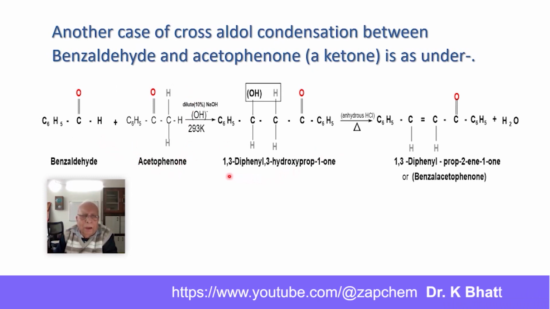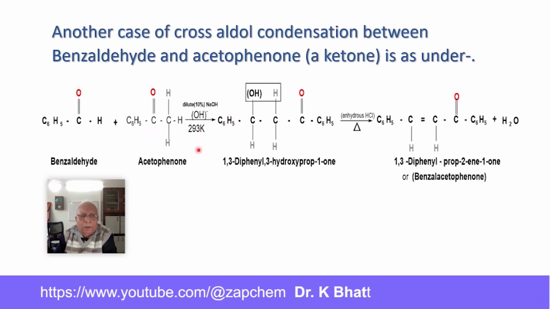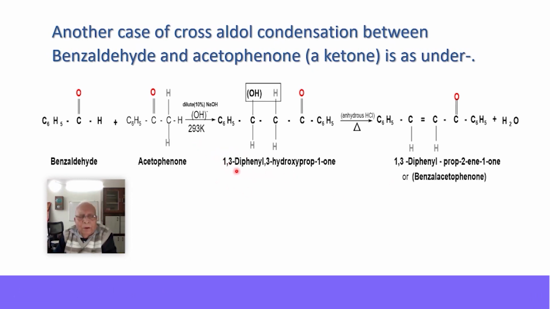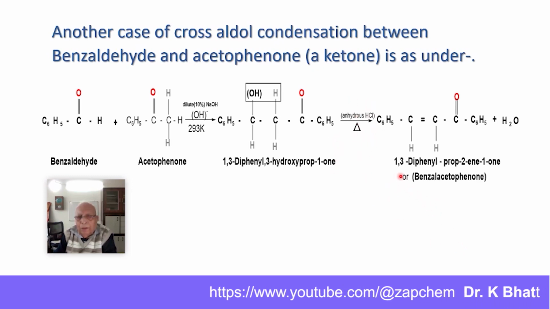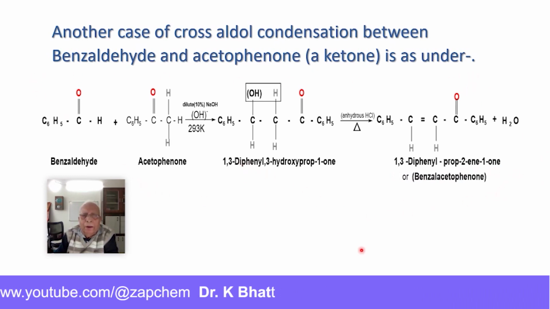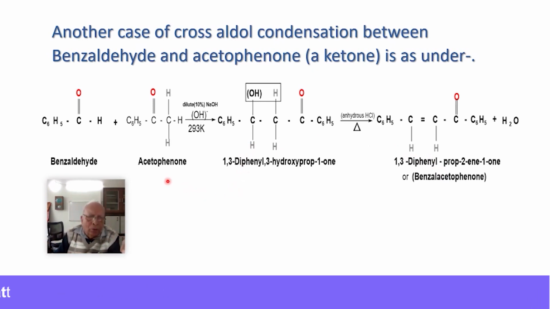Same way, in presence of dilute NaOH and 25 degrees Celsius or 298 Kelvin, you get 1,3-diphenyl-3-hydroxypropanone, and finally on heating in presence of anhydrous HCl, you get 1,3-diphenylprop-2-en-1-one. So please go through it and try to understand what is alpha hydrogen, what is alpha carbon, and which will be acting as a nucleophile or the electrophile.